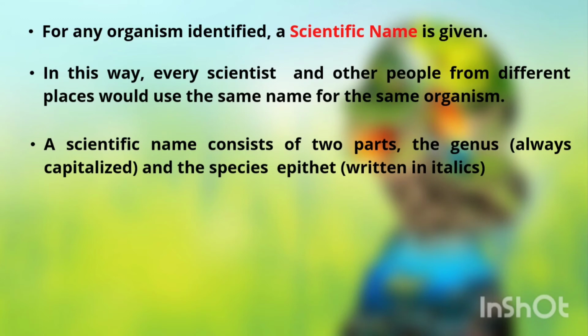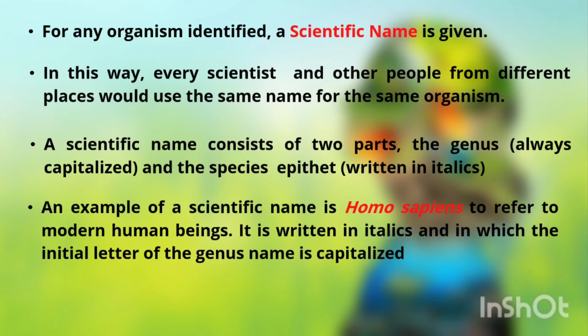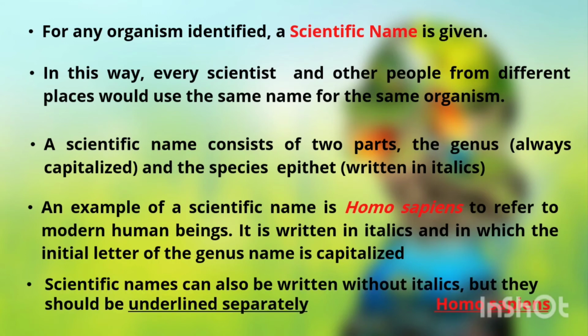Take note that scientific names are written in italics. An example of a scientific name is Homo sapiens, to refer to modern human beings. It is written in italics and the initial letter of the genus name is capitalized. Scientific names can also be written without italics, but they should be underlined separately.